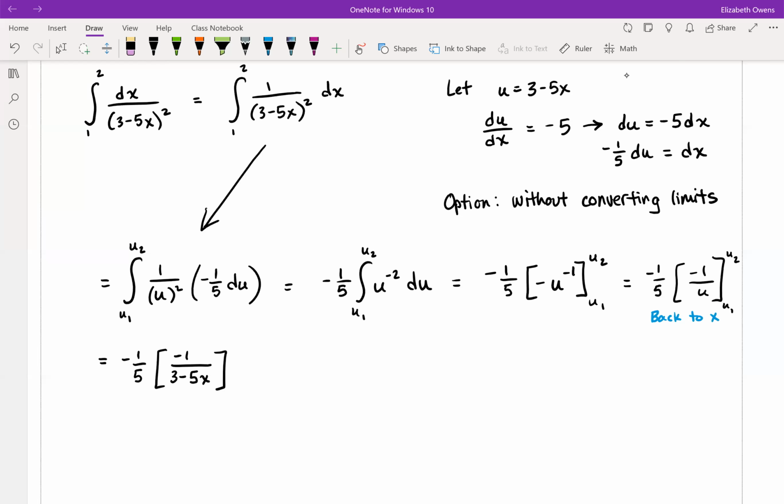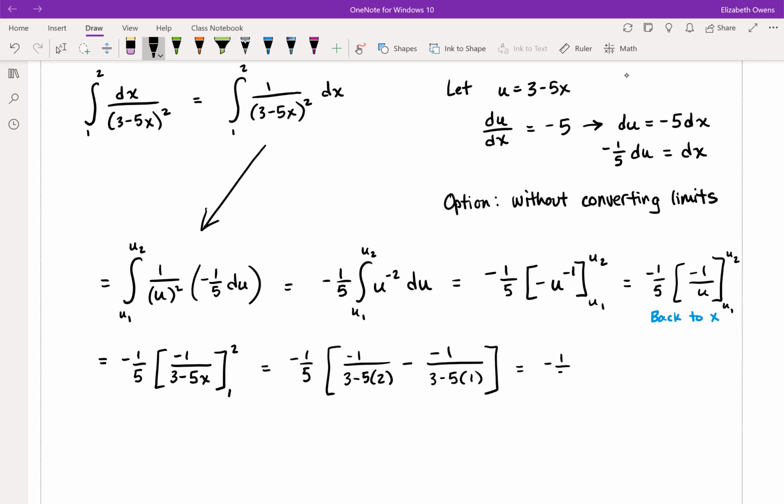Okay. And now that we are back in terms of x, you can put your x limits back on there, 1 and 2, and then we're going to plug those in. So negative 1/5, and then plug in that upper limit of 2. So negative 1 over 3 minus 5 times 2 minus negative 1 over 3 minus 5 times 1.